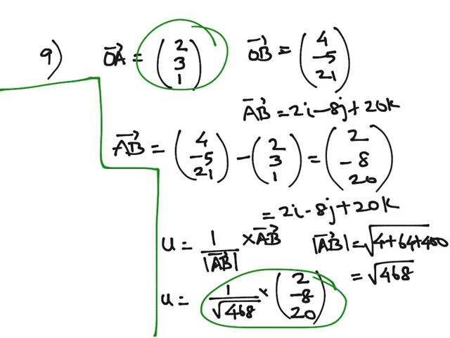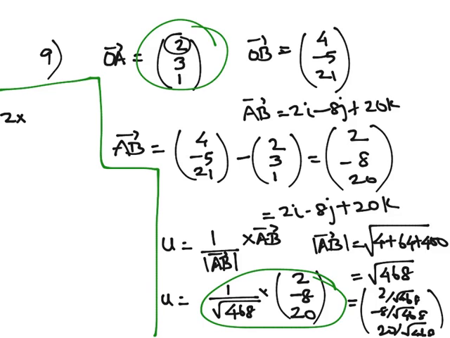So let me find the dot product. This vector can be further written as, in case you want, 2 by root of 468, minus 8 by root of 468 and 20 by root of 468, right?